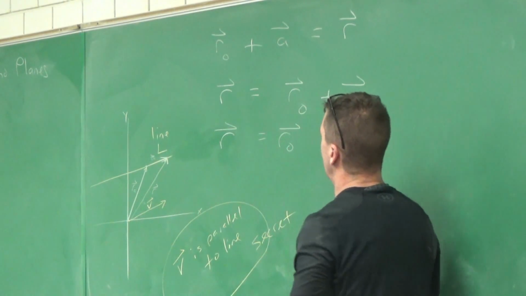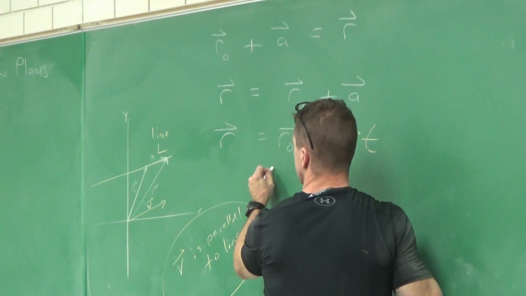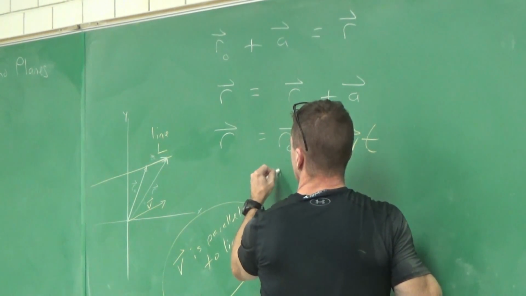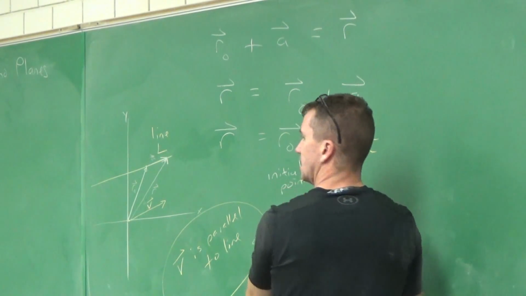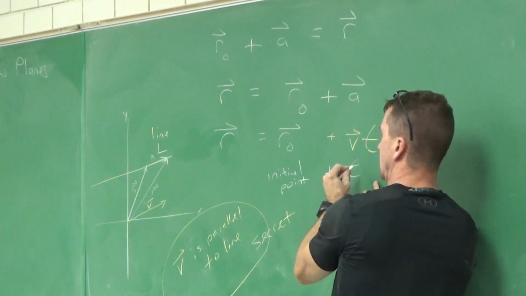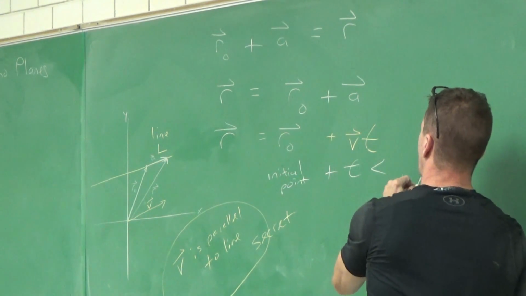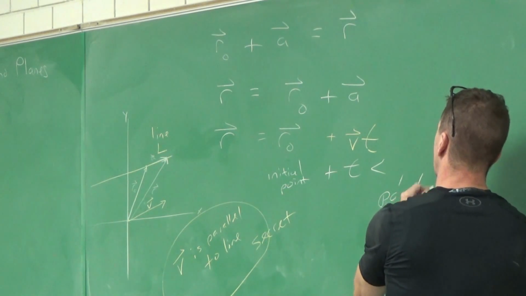We can actually describe any line with a vector, where this right here will be just some point. I know it's written like a vector right here, but this will be some initial point on a line. I can take the t and just factor it out of this vector, and this vector V here will be the parallel vector.